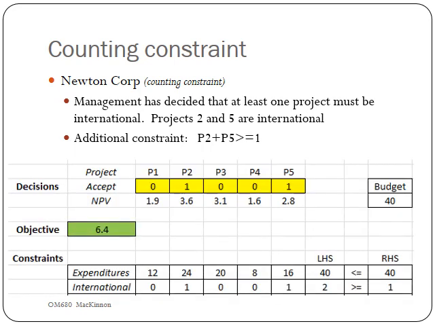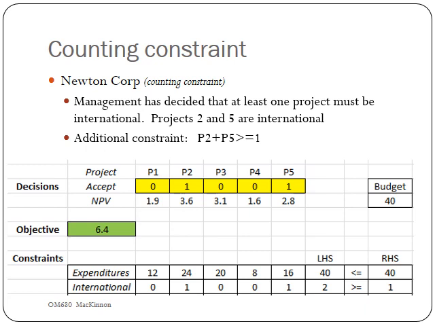And so this becomes our new model. The expenditures part of the constraint is the same, but we've added this additional constraint, P2 plus P5 greater than or equal to 1. In this case, we end up choosing both of them.